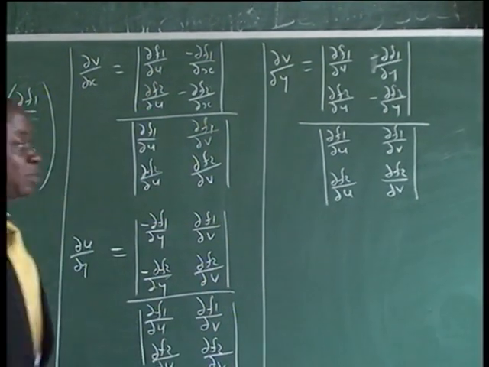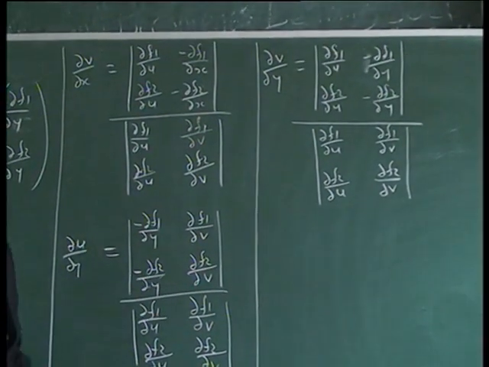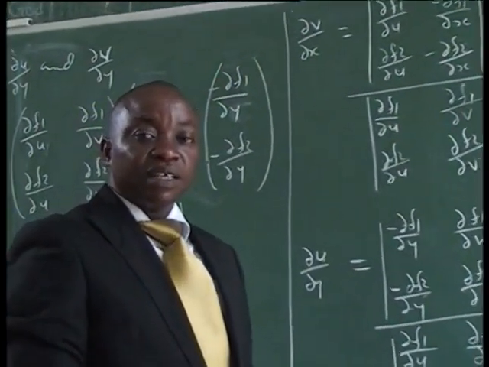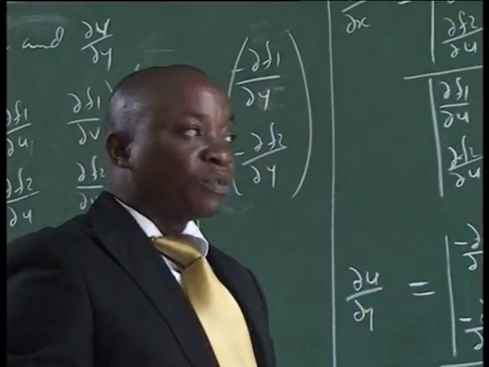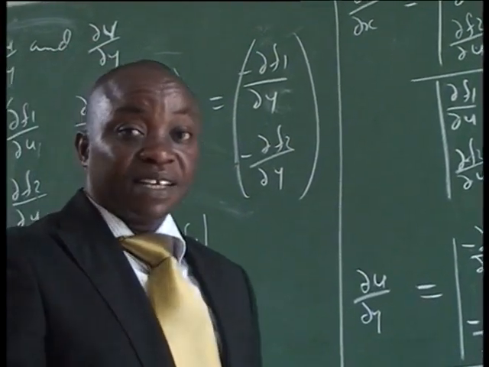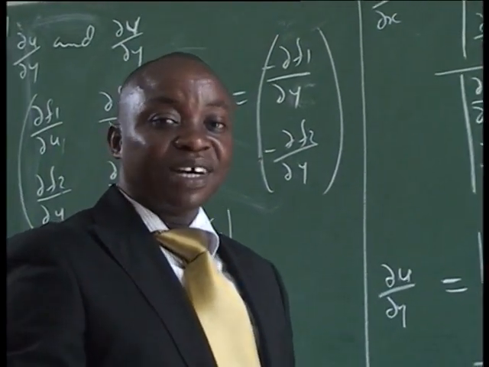So by doing that, we can now get partial u partial x, partial u partial y, then we also have partial v partial x and partial v partial y.